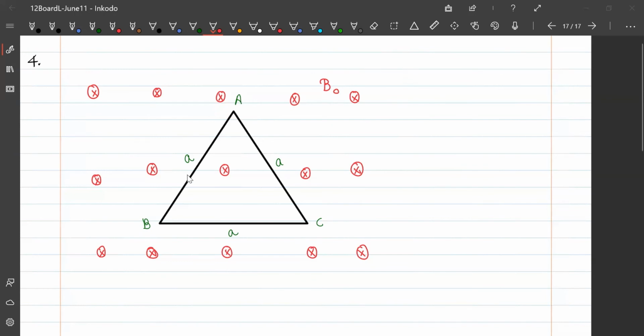I will first calculate the force on AB. Let's do it together. So force on AB will be ILB sine theta. Tell me the value of theta, the angle between L and B. Okay, let me give you the current I like this.